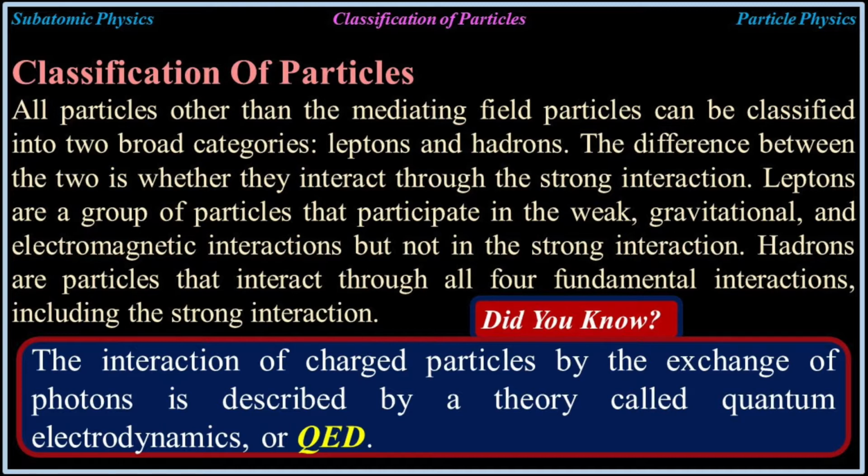Hadrons are particles that interact through all four fundamental interactions, including the strong interaction. The interaction of charged particles by the exchange of photons is described by a theory called quantum electrodynamics, or QED.